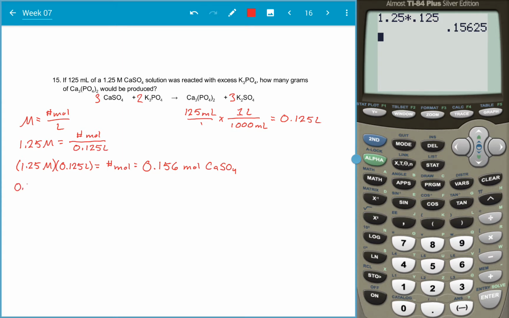I can take my 0.156 moles of calcium sulfate, and I need to convert it into moles of calcium phosphate.